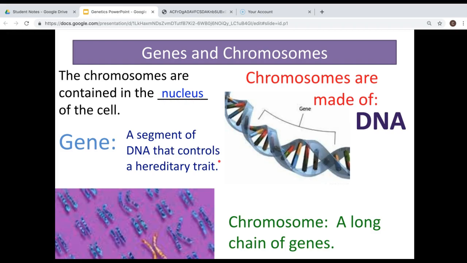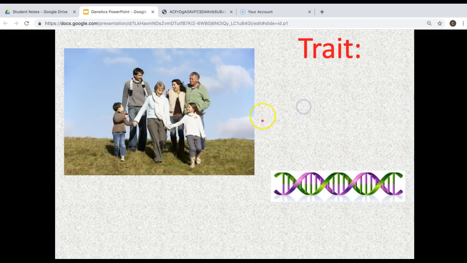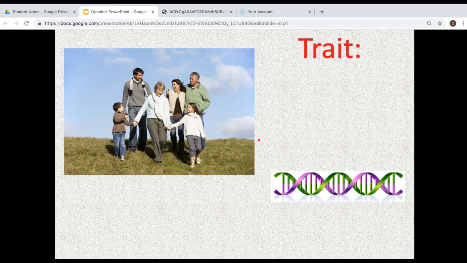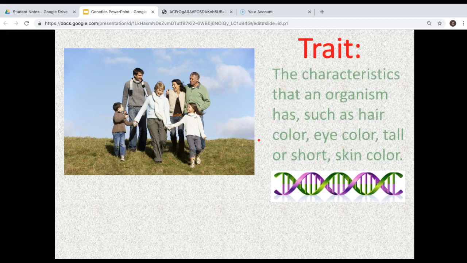We talked about that being wrapped around histones, forming a nucleosome, and those nucleosomes forming coils and supercoils to pack tightly inside there. And then on that DNA, we have short segments of genes that allow for our proteins to be made, and specific proteins give us our traits.